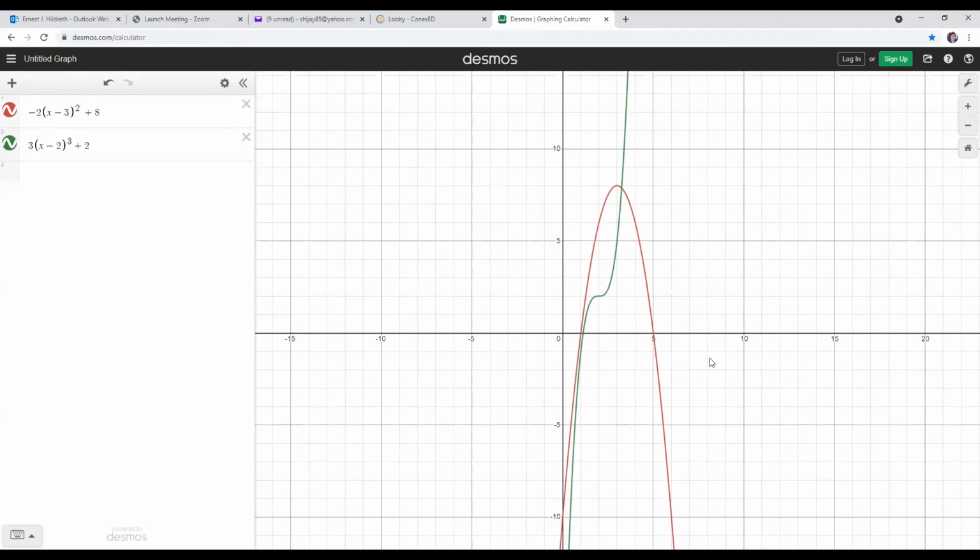So as you can see, our parabola changed quite differently. So in comparison, we have the first one, which is an even degree, which is a square of 2. And in green, we have our odd degree, which is the power of 3. So each end is in opposite directions.